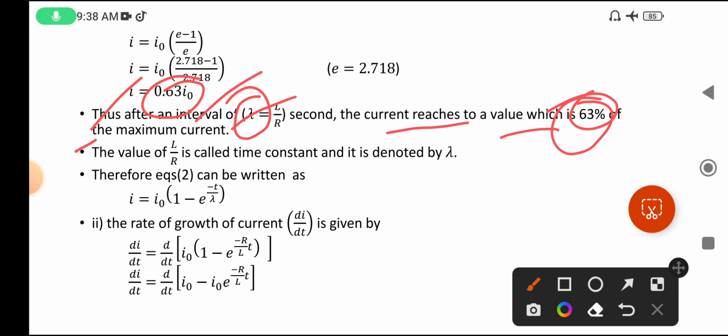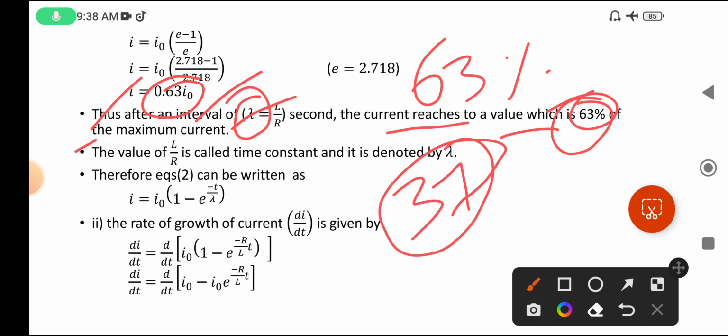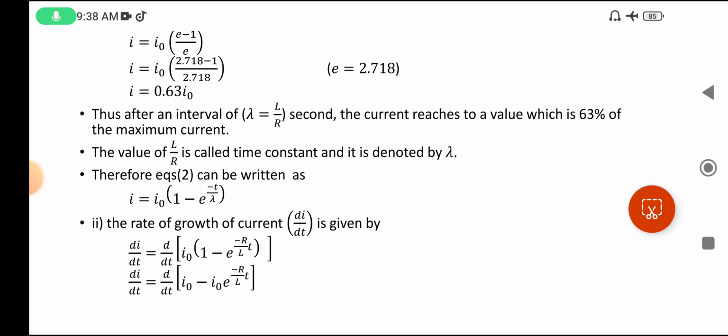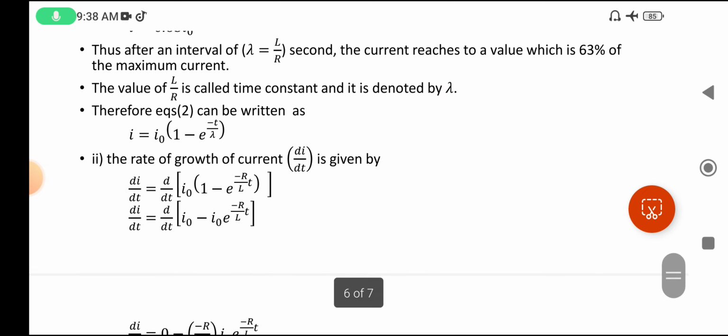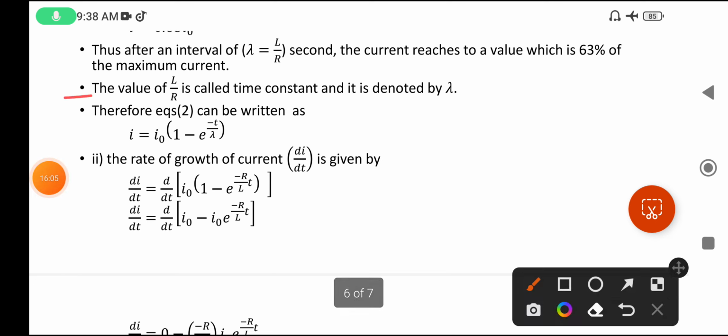So the current increases only by 63%, and the remaining 37% takes infinite time. The value of L by R is called the time constant, denoted by lambda.